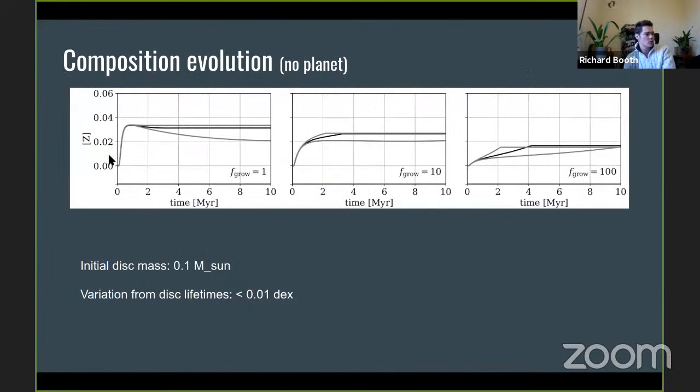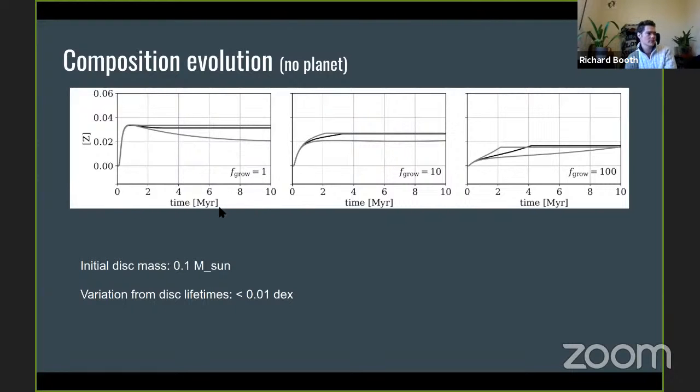Okay, so what I'm plotting here is the star's metallicity, normalized so that 0 would be essentially if all of the gas and dust was accreted equally. The lines are models with different X-ray luminosities, and different panels are different growth rates of the dust.